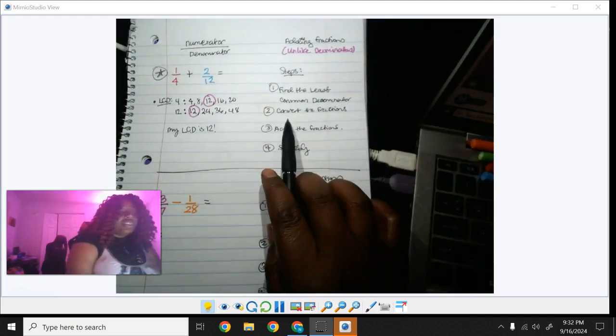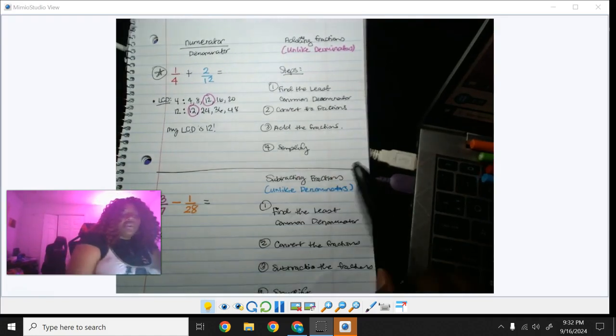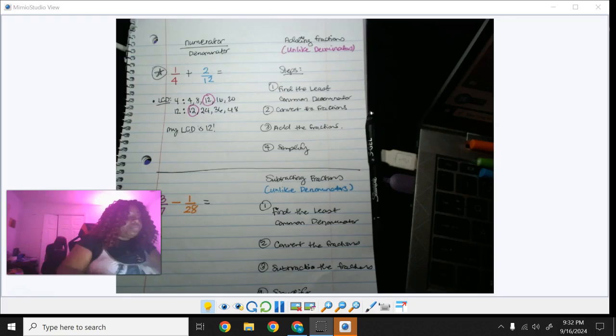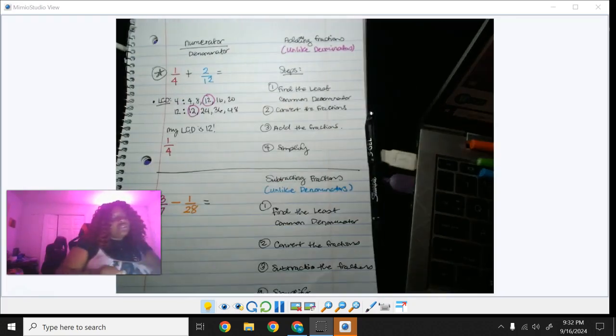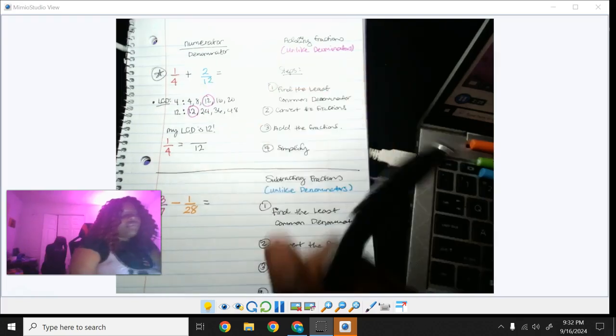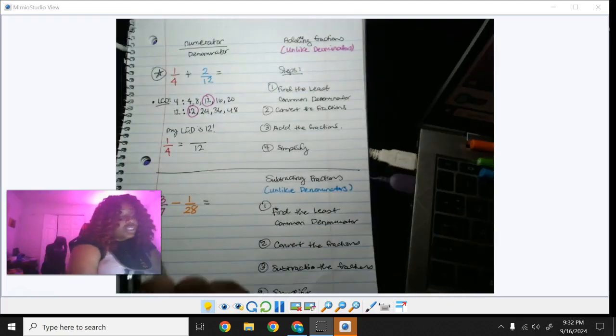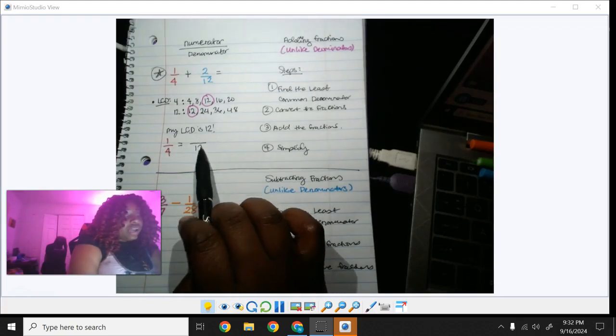Now I'm going to convert these fractions to that new denominator. So 1/4 is now going to be something out of 12, because I'm looking for an equivalent fraction where instead of 1/4, it can be something out of 12.